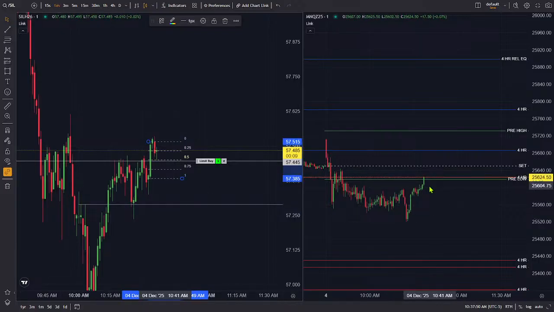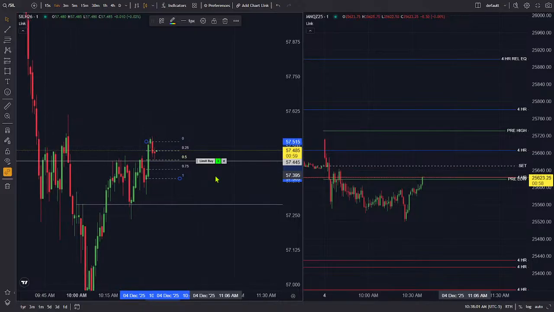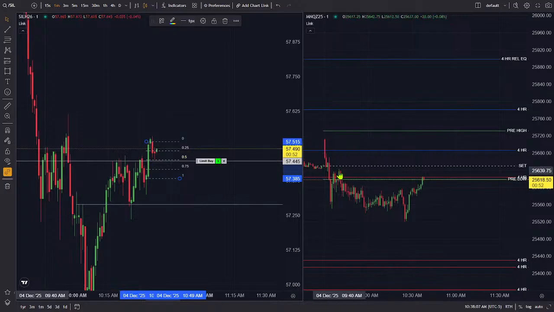NQ's pushing. If NQ's running for this high or settlement, this would be a spot where it would like to pull back. Or maybe we'll get a pullback here.